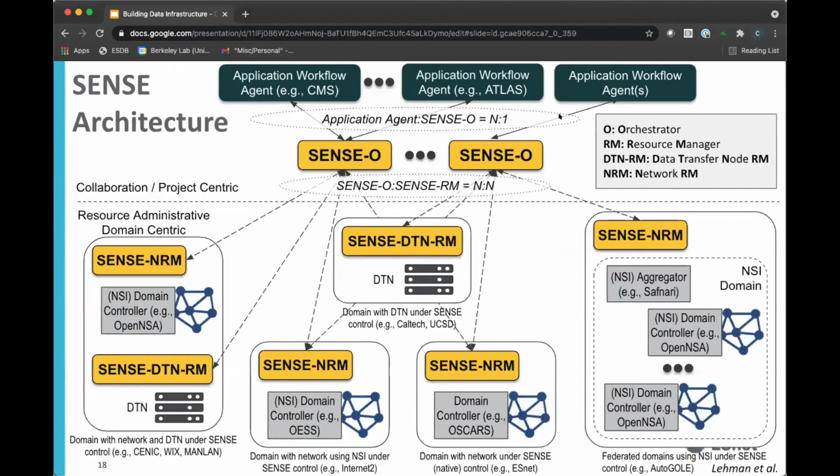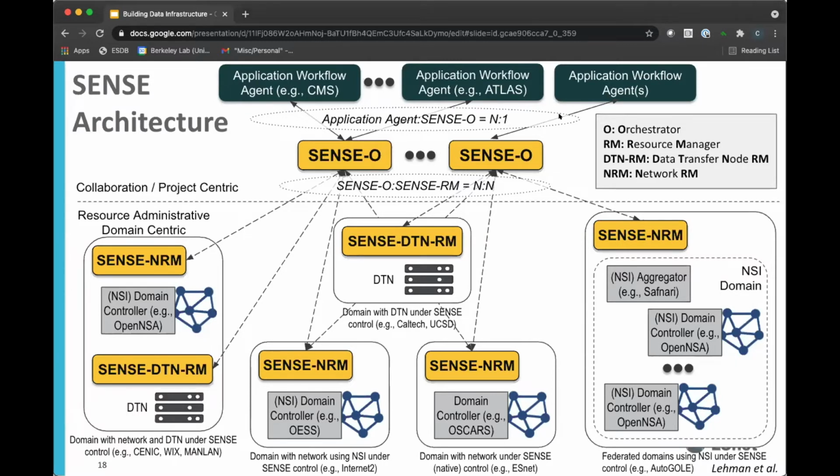The architecture really is broken down into two components: we have the orchestrator, and then we have the resource managers. So the orchestrator is essentially tied to the application workflow. The idea is that you may have an orchestrator for CMS, one for genomics or something like that. The orchestrator deals with the northbound API that allows you to customize it based on whatever your application workflow is.